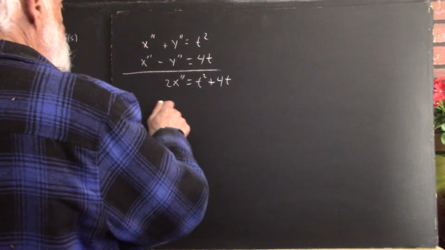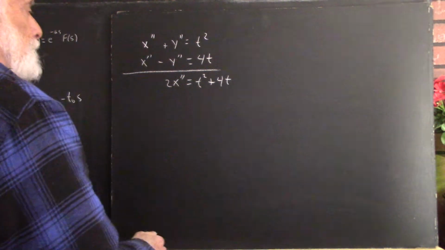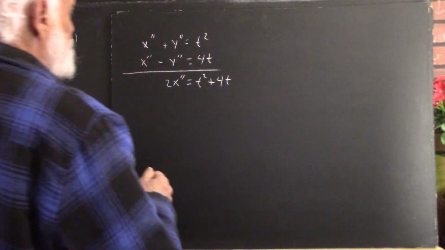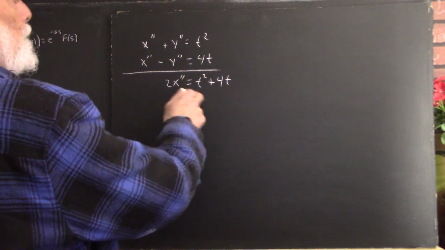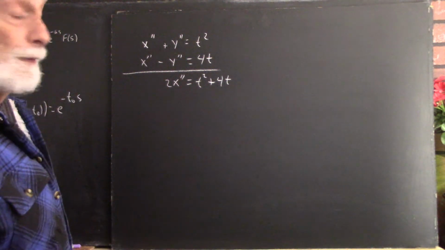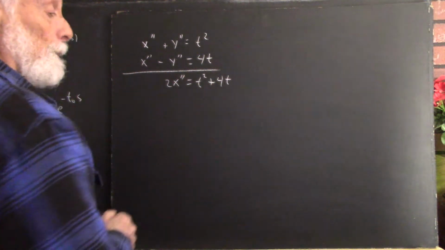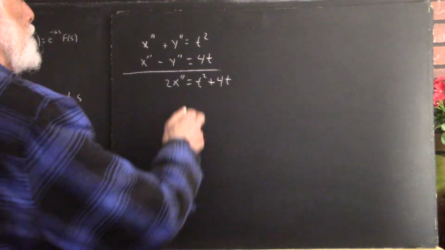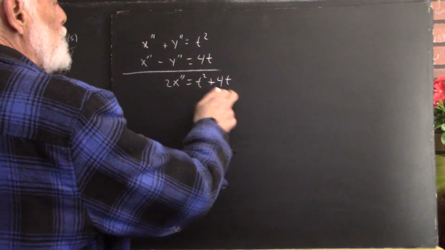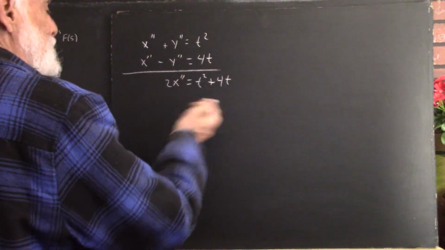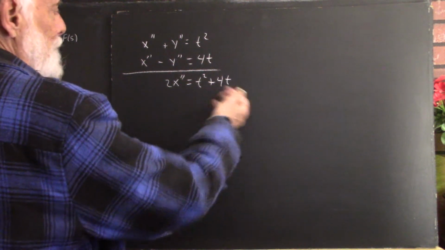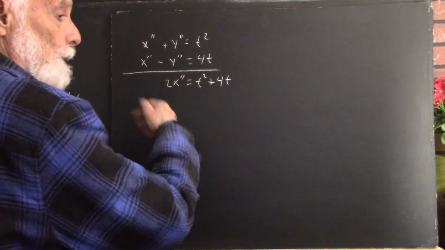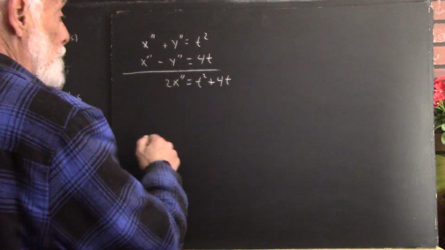Of course, this becomes just a second order linear equation with a non-homogeneous part over here. And we can actually solve this by two integrations, since we don't have any x primes or x's in here. We just have an x double prime.